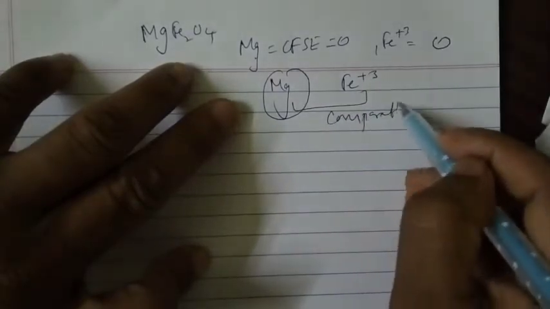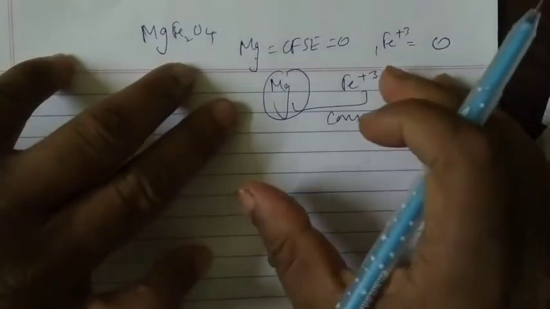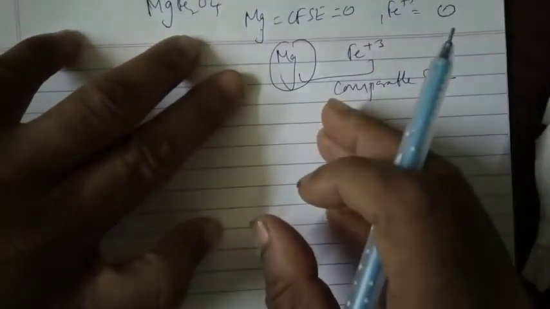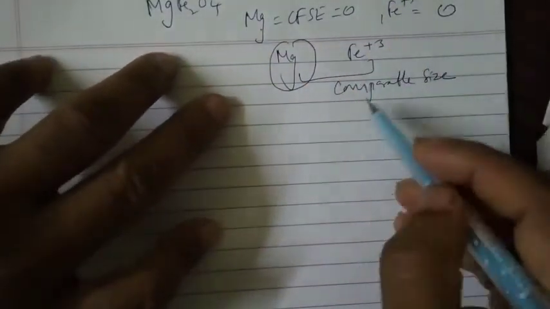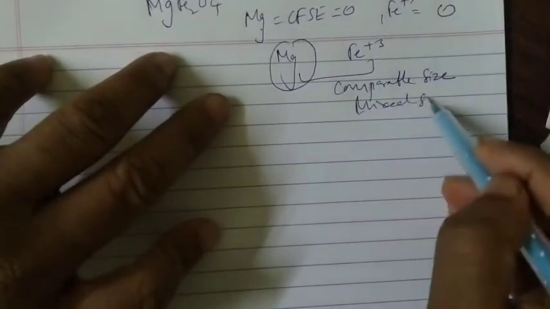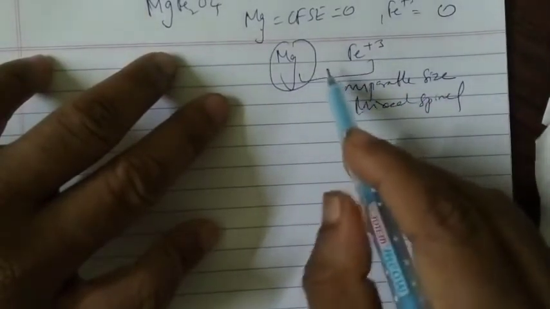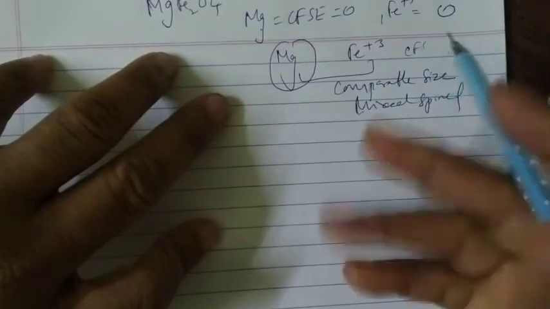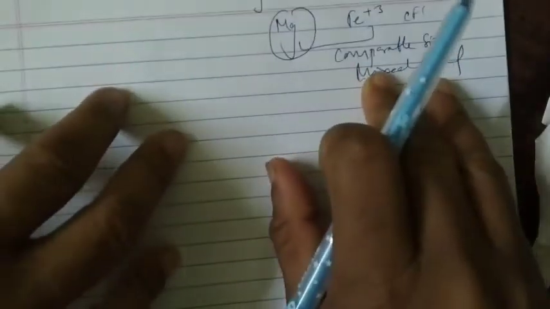So almost the same, and that's why again there is a problem here, and they are termed mixed spinels. Whenever there is comparable size and both having CFSE 0, then straight away you can say they will come under the mixed spinel.